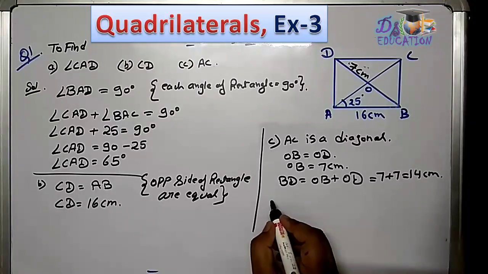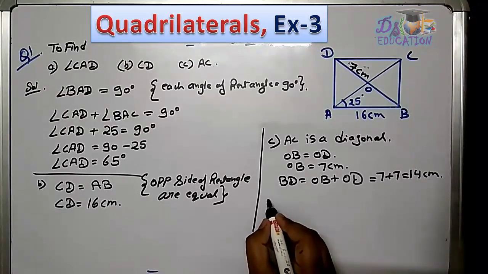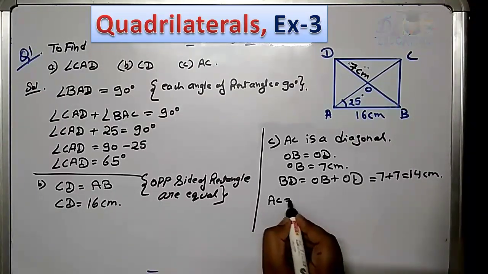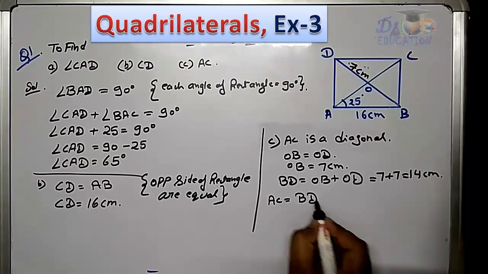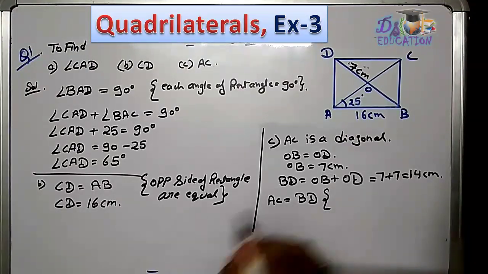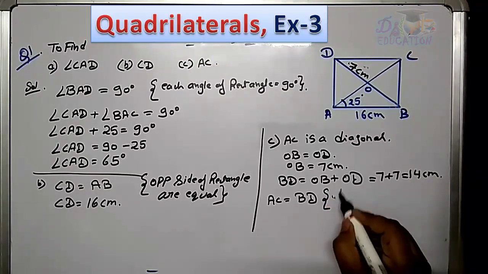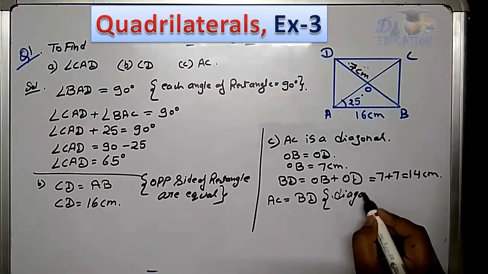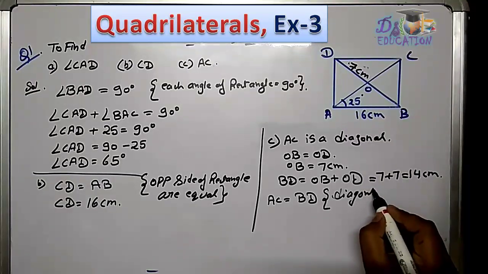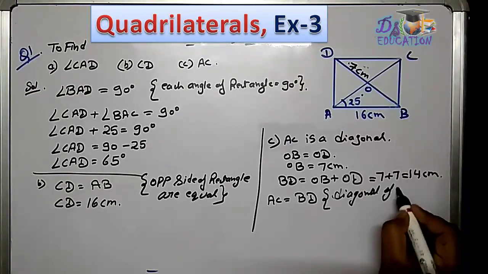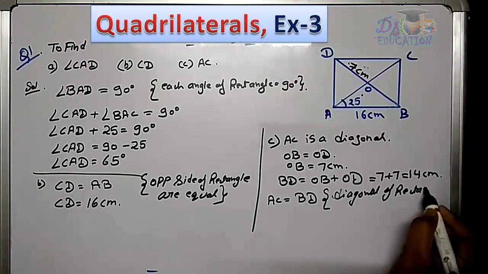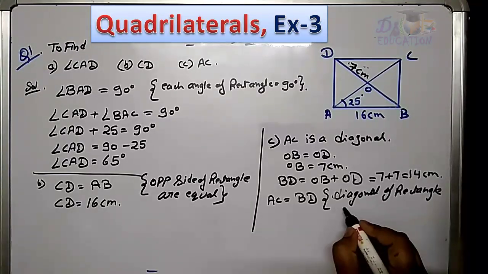Now since diagonals are same, we can write AC is equal to BD. Why? Here also we have to write the reason. Reason will be: diagonals of a rectangle are same.